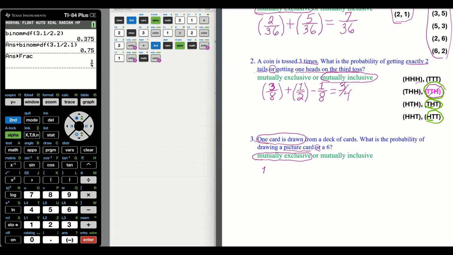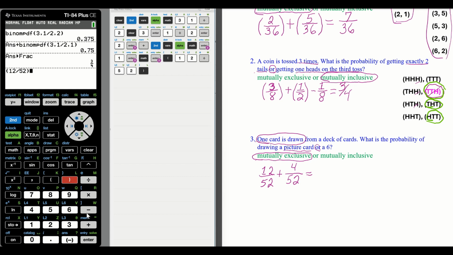The first possibility is 12 out of 52, and we will add that to our next possibility of 4 number 6s in the deck. Now let's just put that in our calculator as is. I'm going to use parentheses because it caused me problems with the order of operations in the past.